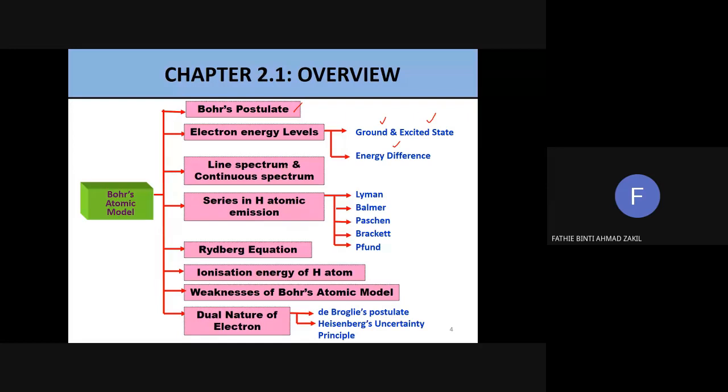Then you should be able to differentiate line spectrum and continuous spectrum. Kemudian series in H atomic emission: Lyman, Balmer, Paschen, Brackett dengan Pfund. Kemudian kita akan belajar sikit Rydberg equation, ionization energy of H atom, weakness ataupun limitation of Bohr atomic model. Kemudian last one is dual nature of electron. So dia ada dua part kat sini.